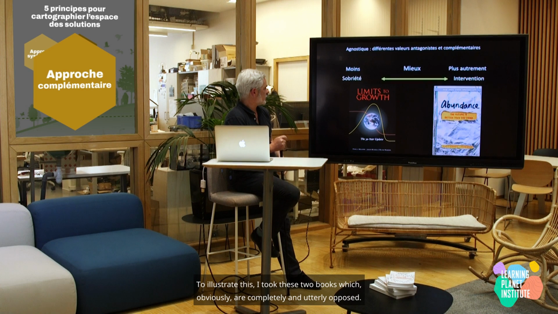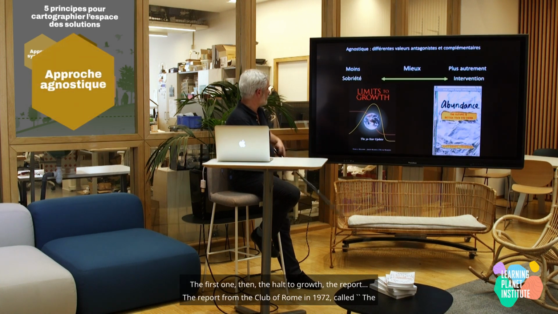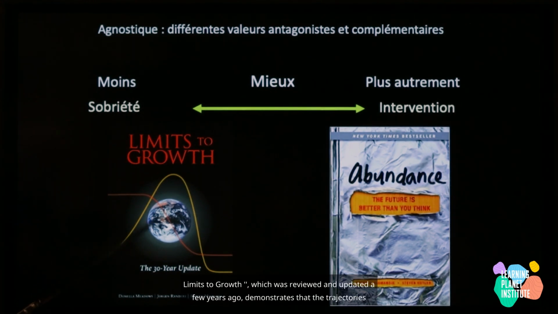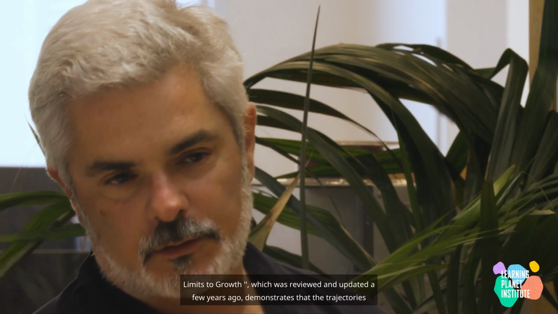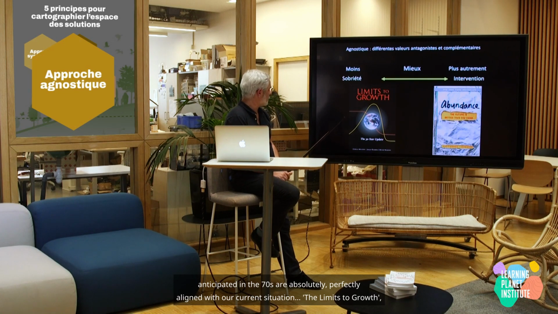To illustrate this, I took these 2 books, which obviously are completely and utterly opposed. The first one, The Limits to Growth, the report from the Club of Rome in 1972, which was reviewed and updated a few years ago, demonstrates that the trajectories anticipated in the 70s are absolutely perfectly aligned with our current situation.